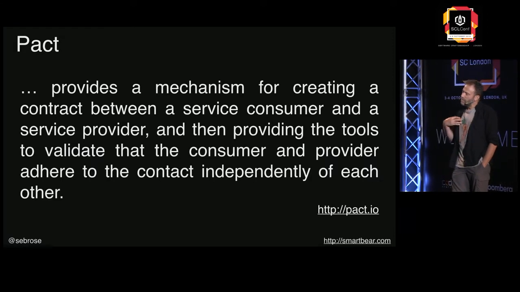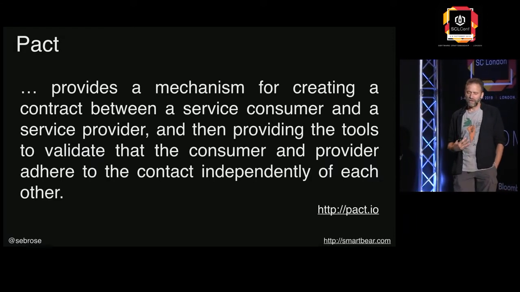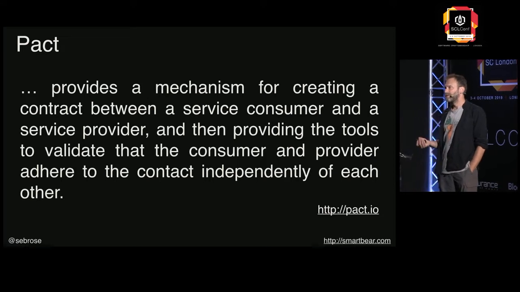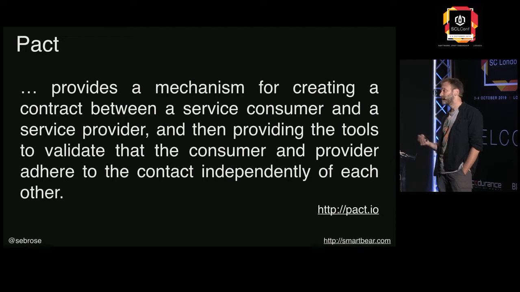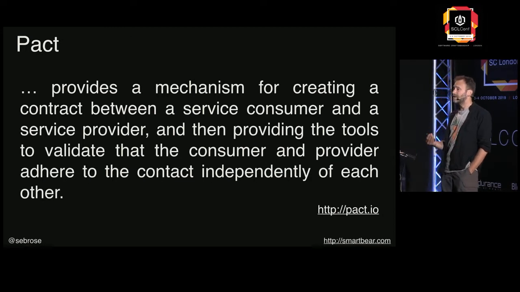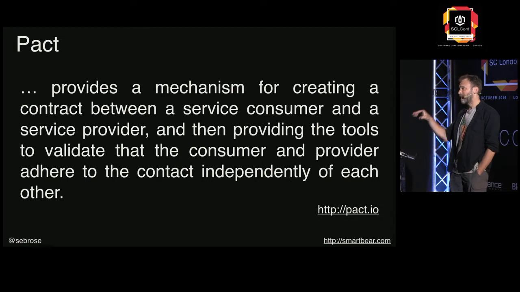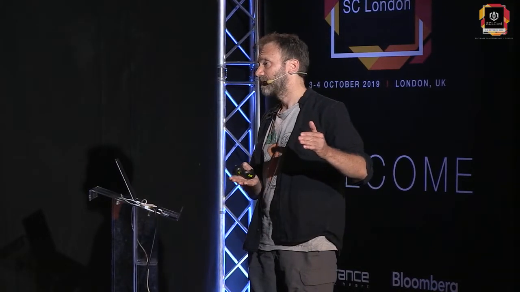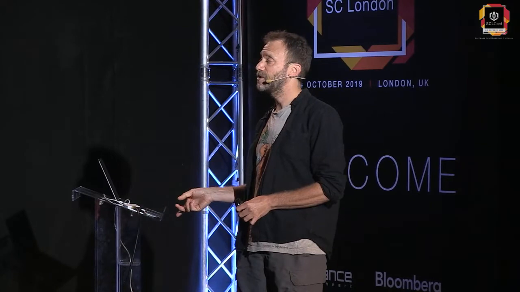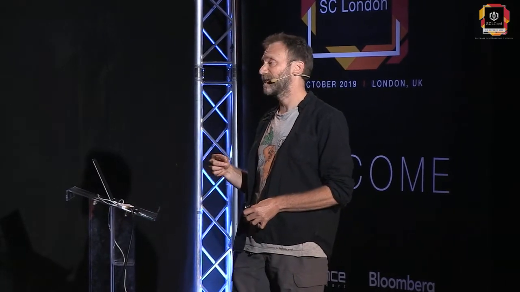And then when you run your tests, that DSL generates JSON, and the JSON describes the interaction that the test you ran expected from the provider. Where it comes in really useful is that you can then take that JSON and give it to Pact and ask it to run those requests against your provider and assert that what gets returned is exactly what your consumer had expected.